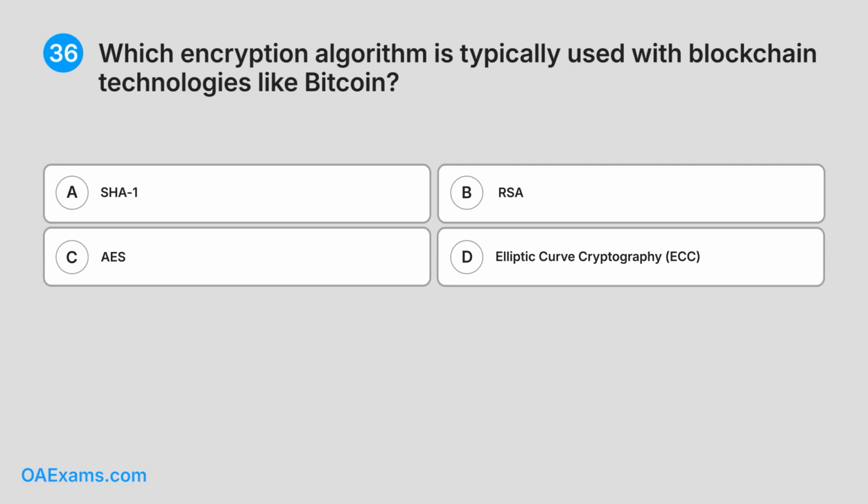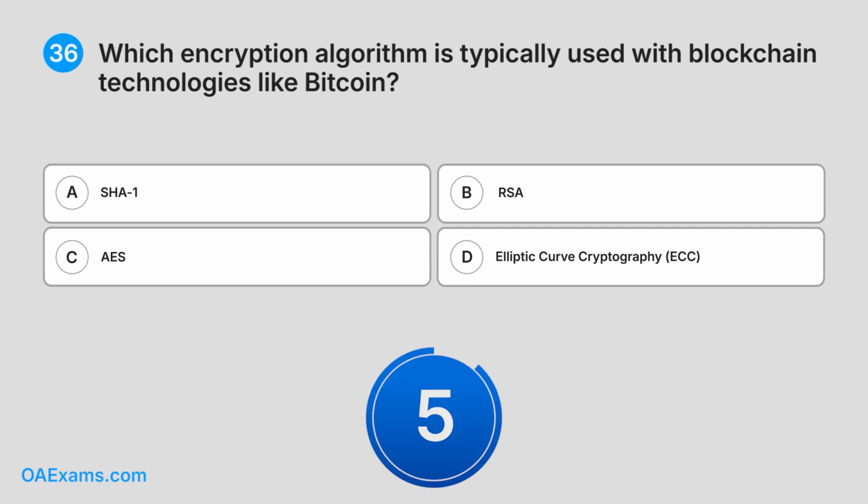36. Which encryption algorithm is typically used with blockchain technologies like Bitcoin? A. SHA-1, B. RSA, C. AES, D. Elliptic curve cryptography, ECC. Can you guess the answer?